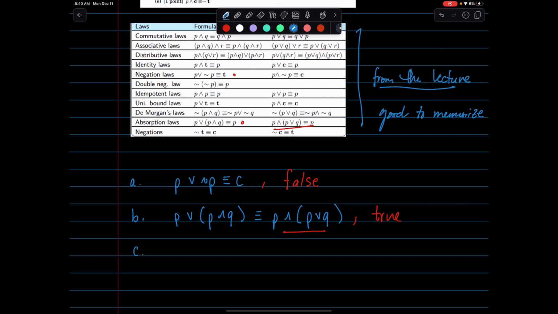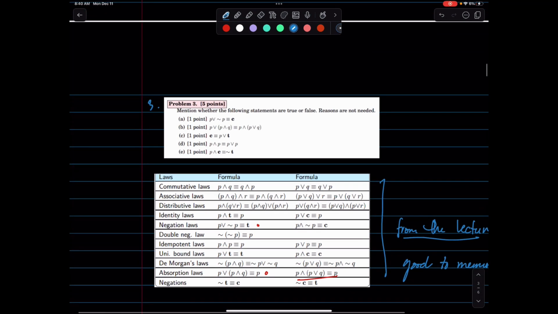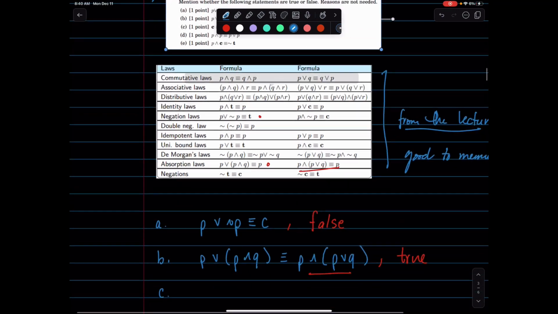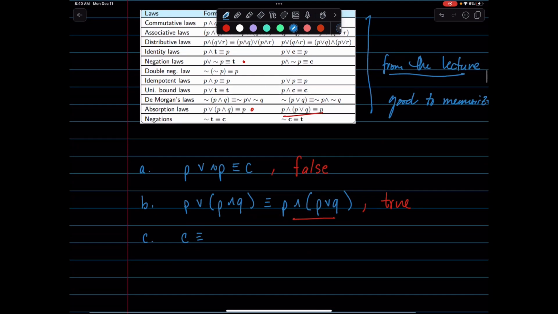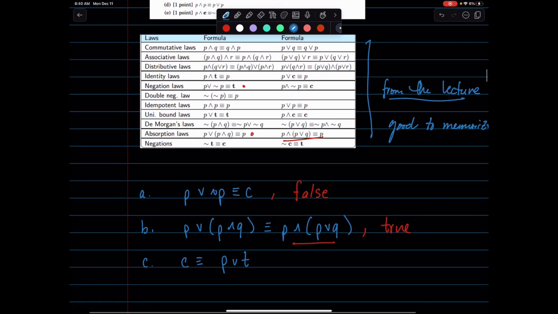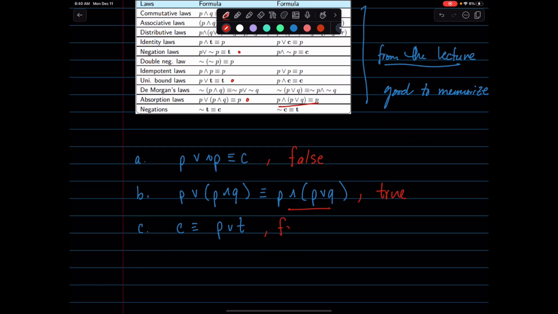Alright, part C. A contradiction is equal to P or a tautology. You can see right here though, P or a tautology is a tautology. So this is false.